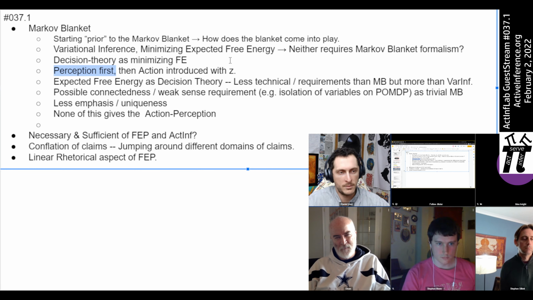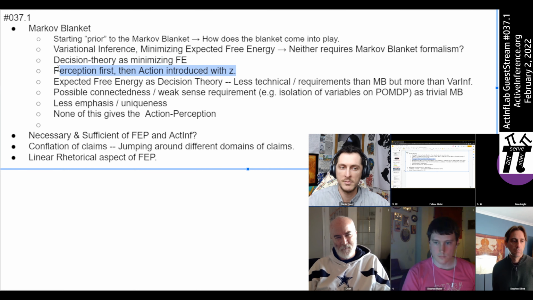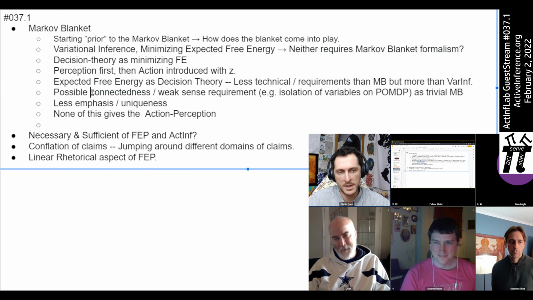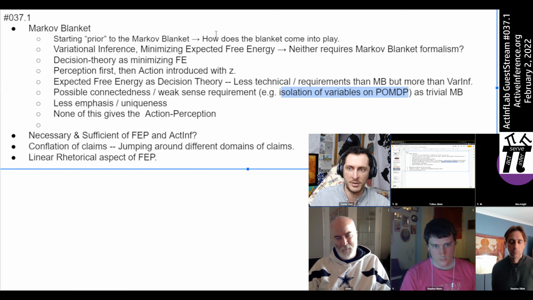That whole realm of action theory, decision theory, game theory, cybernetics, signal processing, none of that, it was said, requires the Markov blanket formalism. I'd like to add that there may be a weak sense requirement, in the sense that on a Bayesian graph or using Bayesian methods, using the Pearl 1988 version of the Markov blanket, there are Markov blankets in the machinery of these Bayesian methods, because there are variables that are isolated or conditioned on each other.